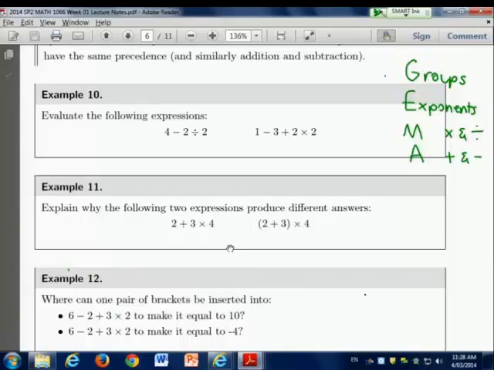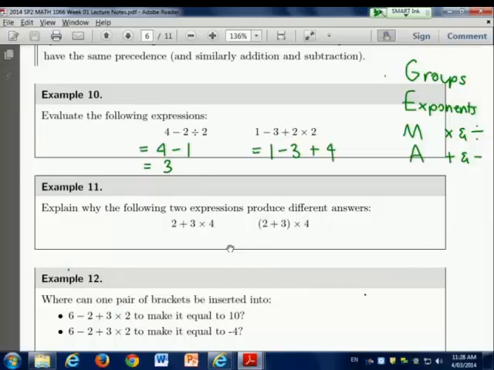Right, let's do it. So, the first one, what are we going to do first here? The subtraction or the division? Division, good. So, 4 minus 1, and now it's straightforward. All right, this one, the multiplication first. 1 minus 3 plus 4. What next?